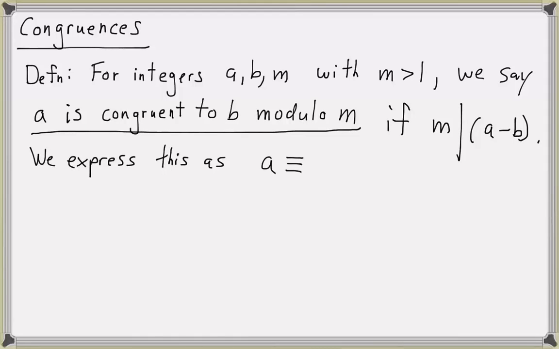So a is congruent to b, and then in parentheses you have to tell the modulus. So m is called the modulus. So a is congruent to b mod m. That's the way this is written. This is the notation that Gauss presented in his work Disquisitiones Arithmeticae in 1801.